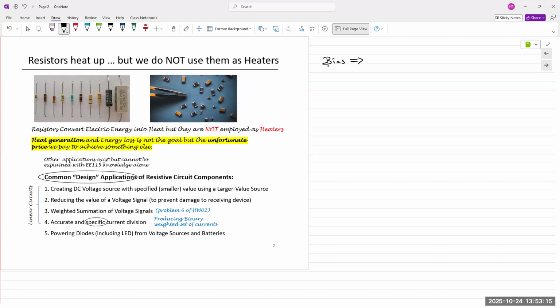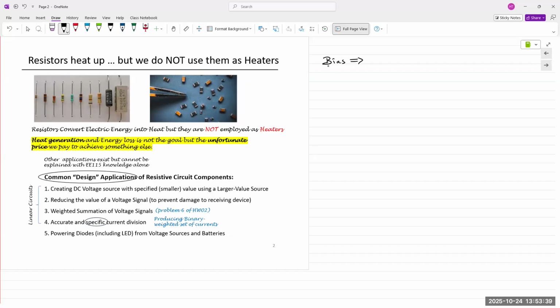The byproduct of electricity passing through this resistance is that a lot of the energy is dissipated as heat. Electrical energy is converted into thermal energy. In electric and electronic circuits, the heat is completely undesirable. We don't want it.